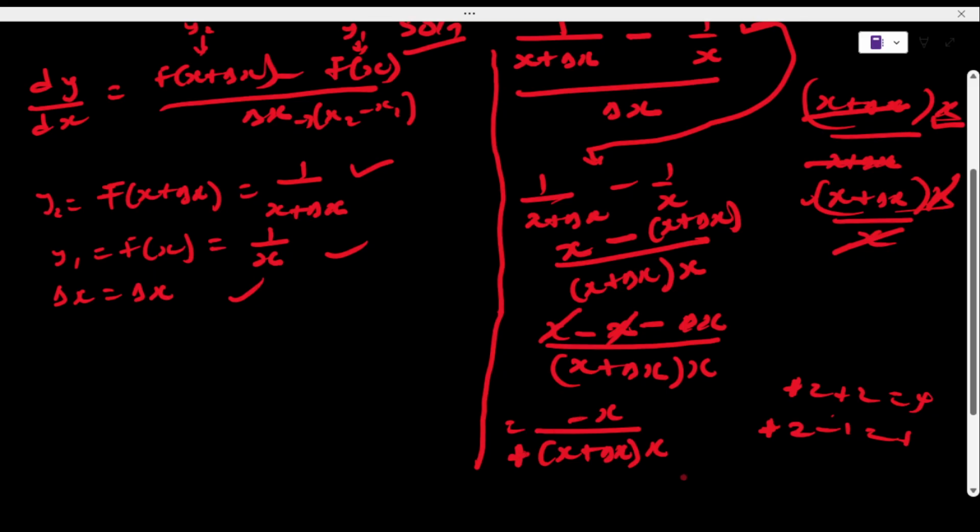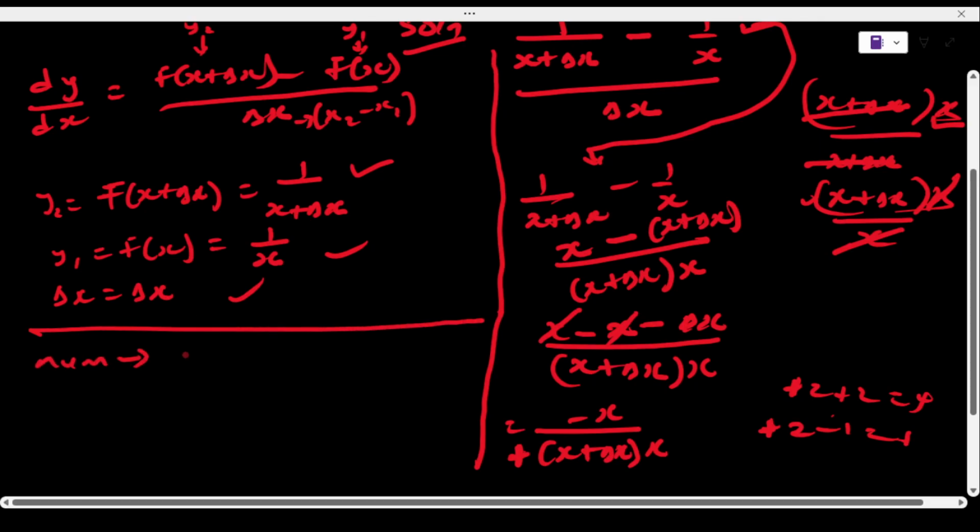So therefore, our answer here for the numerator is: minus divided by plus is minus, so minus x over x plus change in x, bracket x. Now let's divide it by the denominator, which is our change in x.